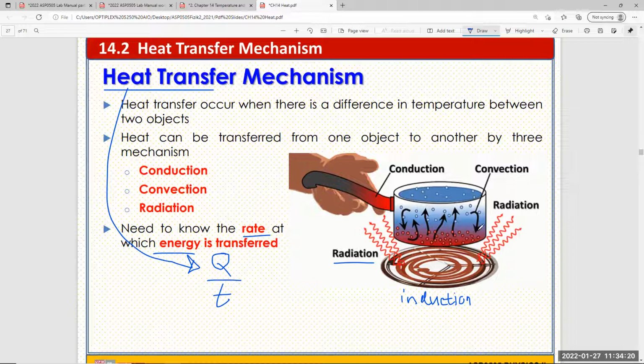So you can transfer the heat from the cooker to the boiling bowl. It's made from metal, but anyway it is by radiation.